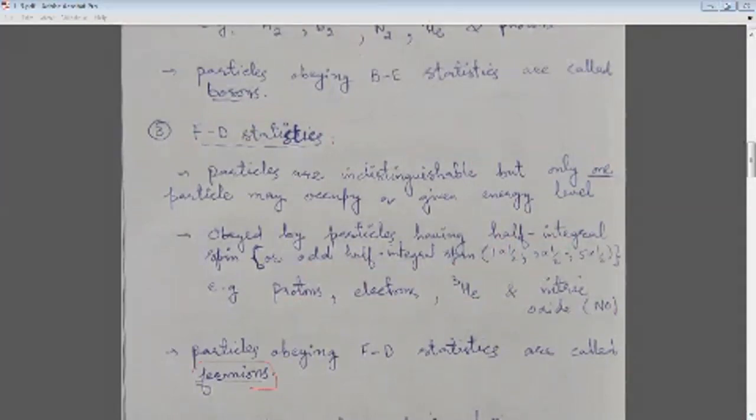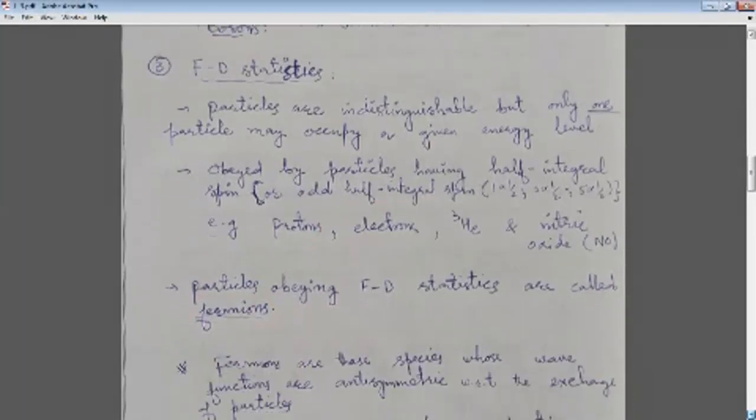So fermions are particles having half integral spin. Similarly, bosons are particles having integral spin, which you have learned in the previous classes also. These terms are very important.